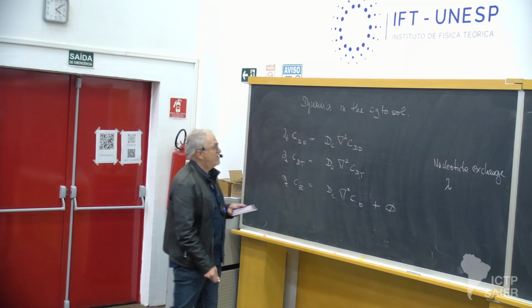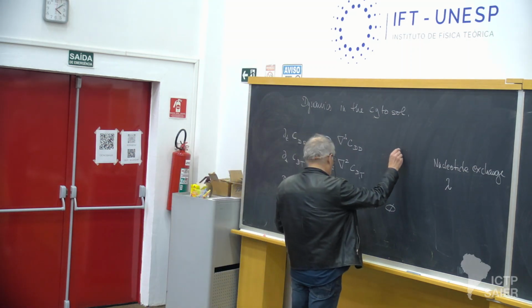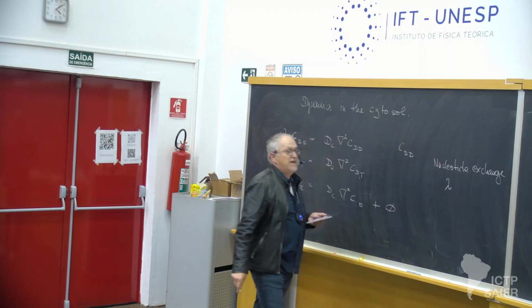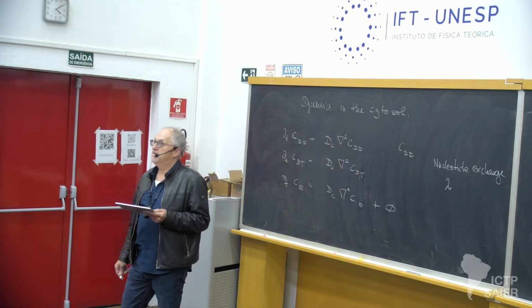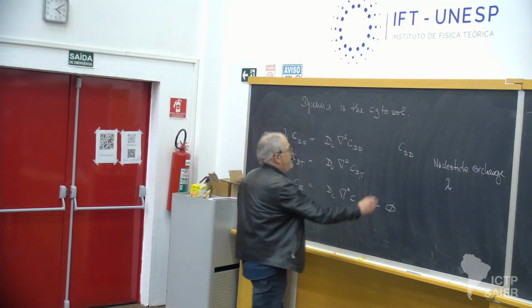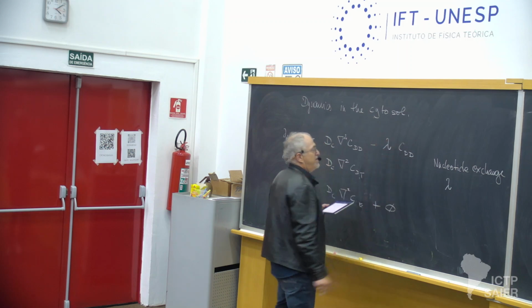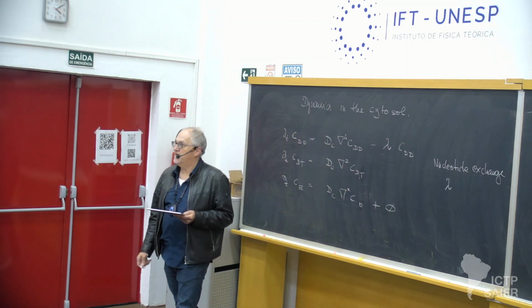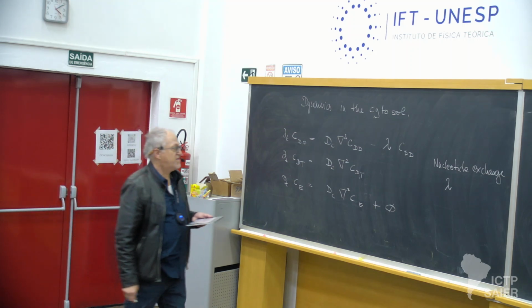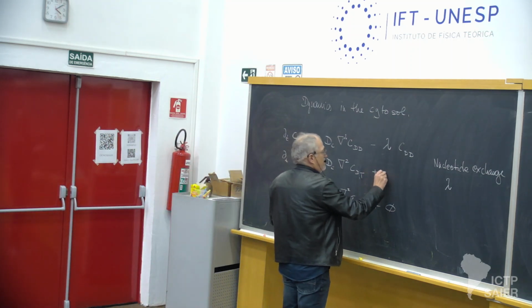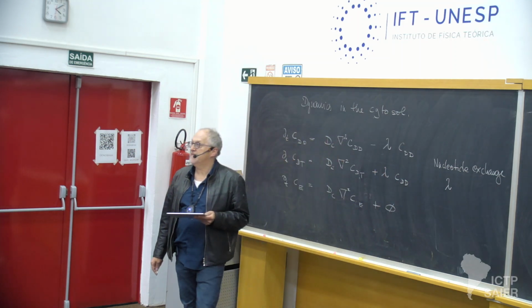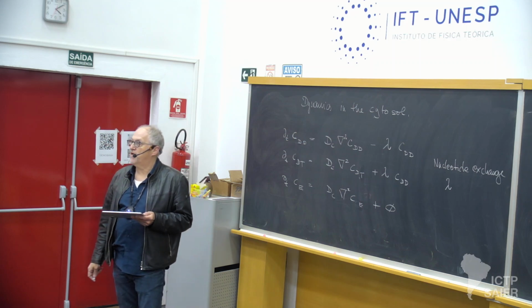And the nucleotide exchange, if you do have an inactive protein and it's activated, it's lost in the first equation. So you have minus lambda CDD. Okay, and one's loss is the other's gain. This gives rise to a term which is plus lambda CDD. Okay? That's all that happens.